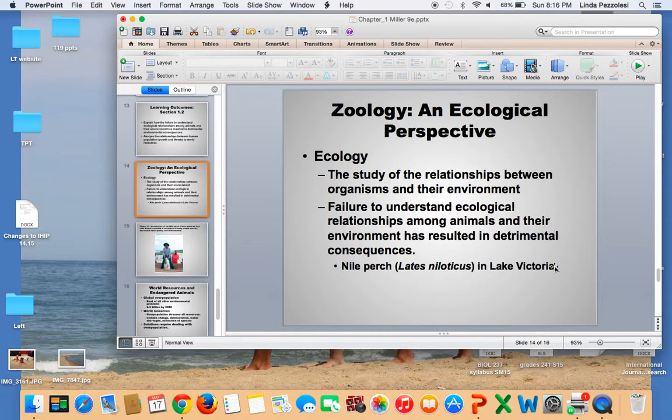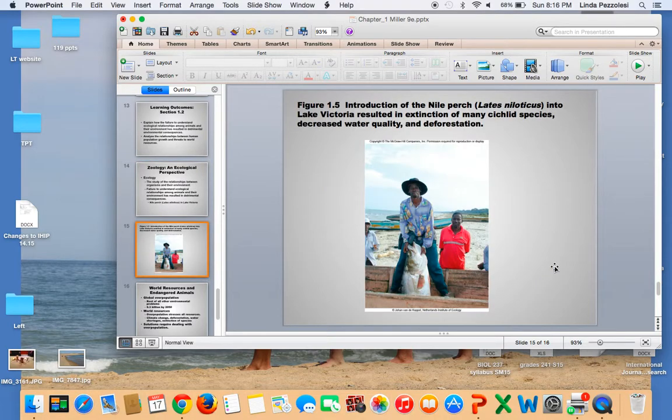For example, the Nile perch was introduced into Lake Victoria, which is a very large lake in Africa, and it resulted in the extinction of many species of cichlid fish. The Nile perch was introduced to improve fishing, but instead led to the extinction of many.